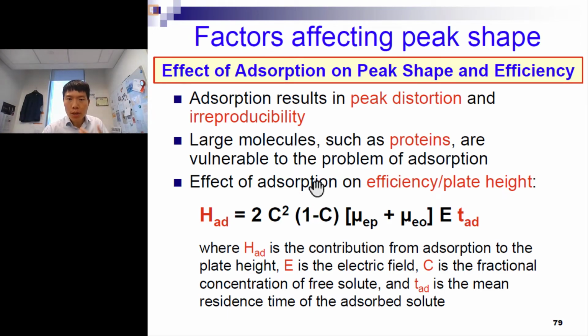It stems from a larger plate height. A large plate height is synonymous with lower separation efficiency. We want a lower plate height so that we have more plates for better separation. So this is the equation to determine whether your separation is efficient.